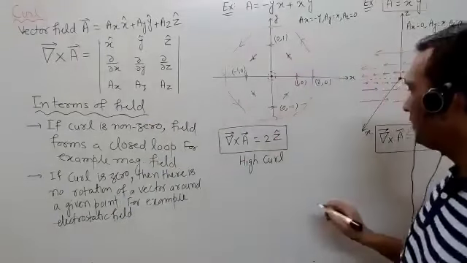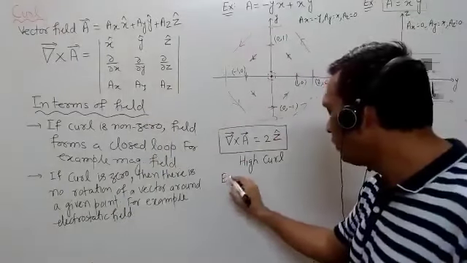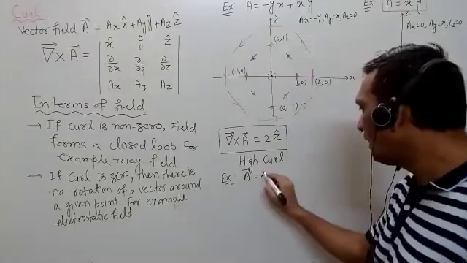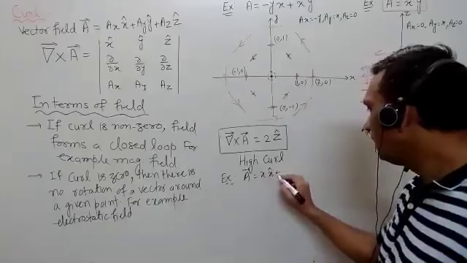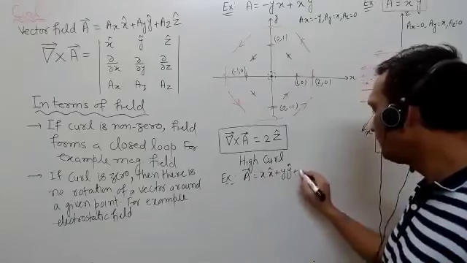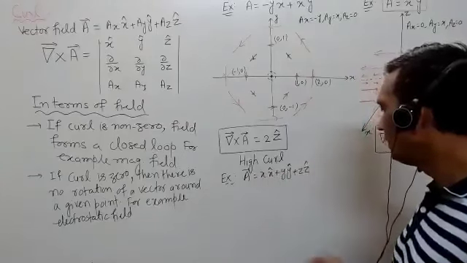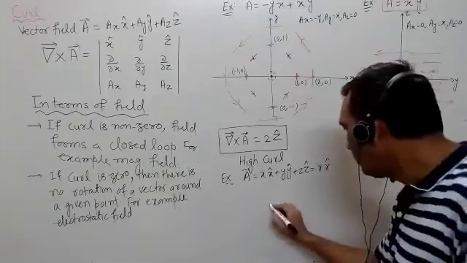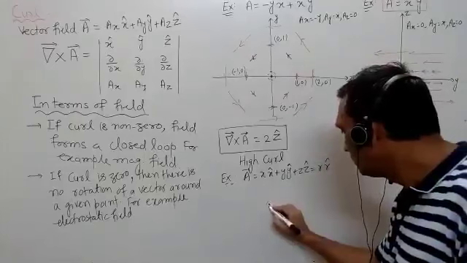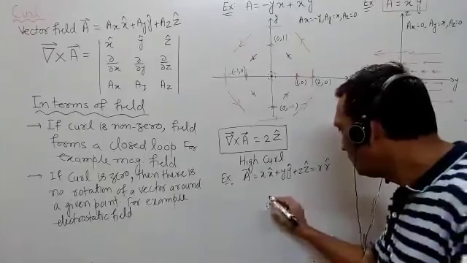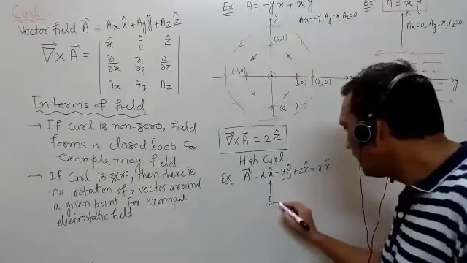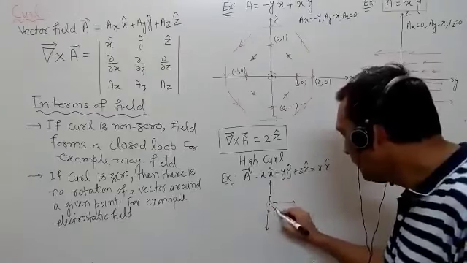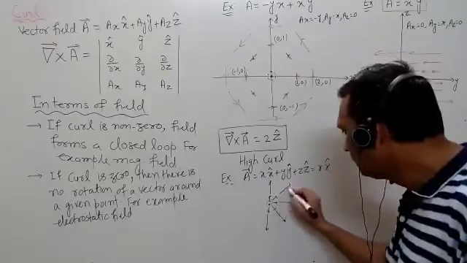In last class, I have discussed this vector field also. That vector field A is x x cap plus y y cap plus z z cap, and that I have plotted it around a given point. Let us again plot it.